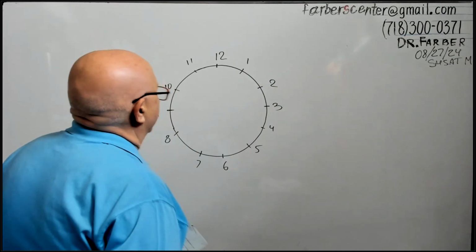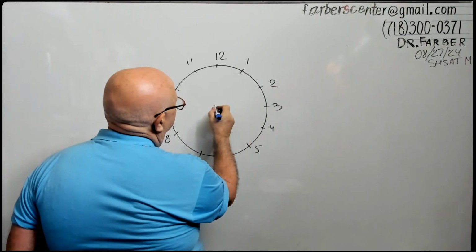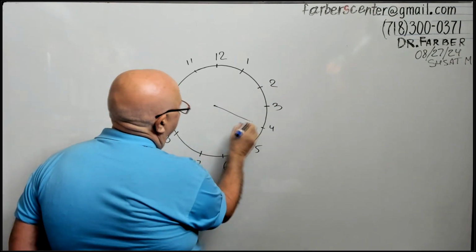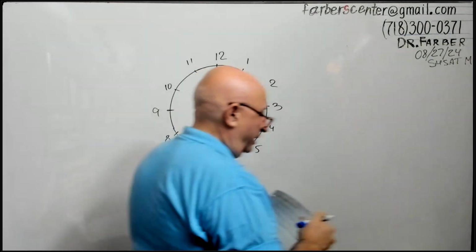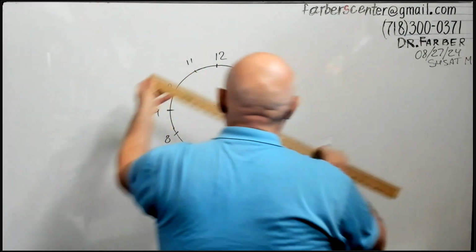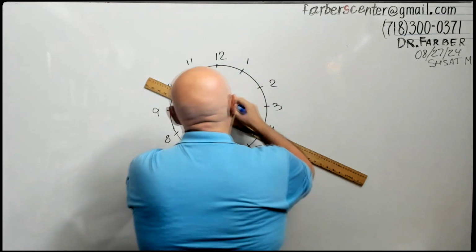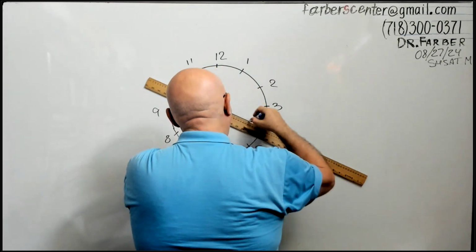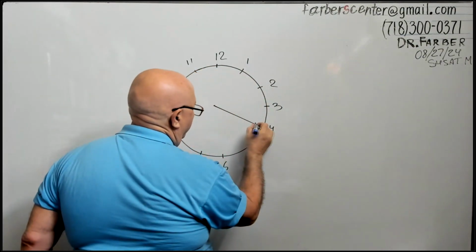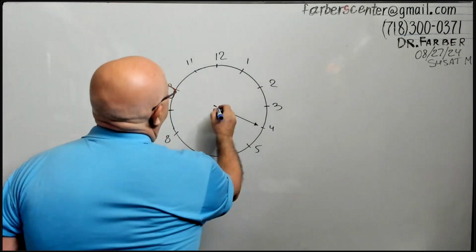And you have an arrow, which can spin. And this is the center, and the arrow points to the 4. Arrow points to the 4. And this is the center for that.